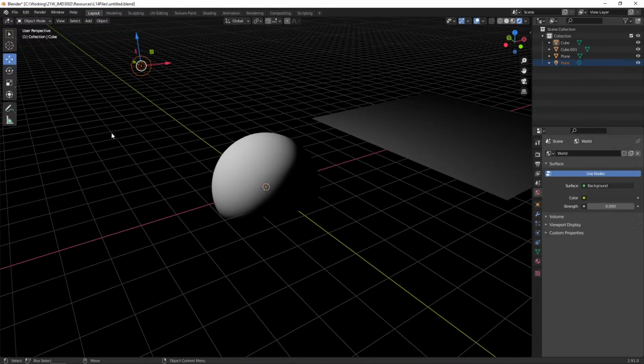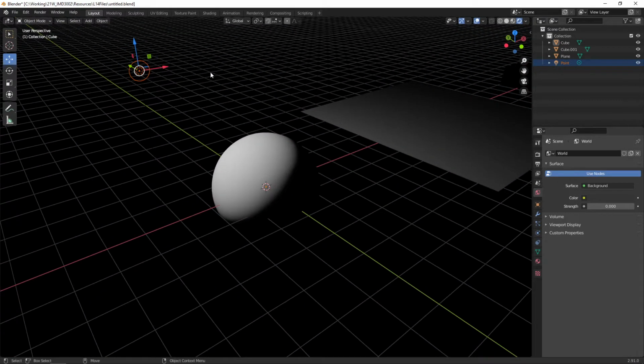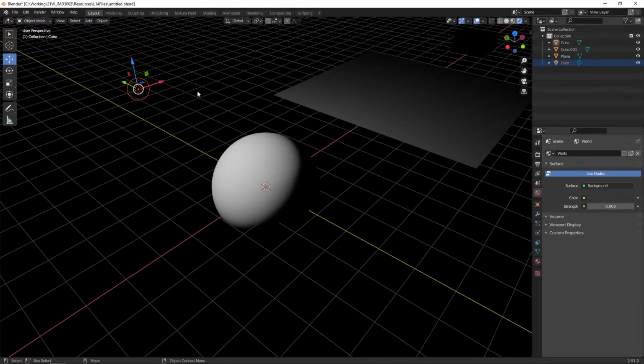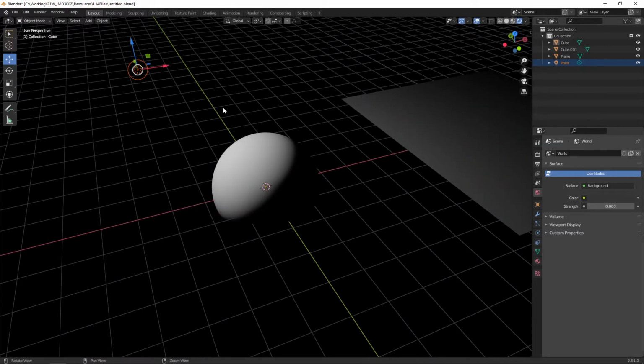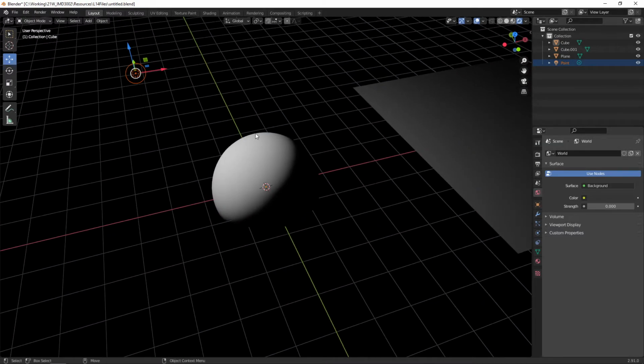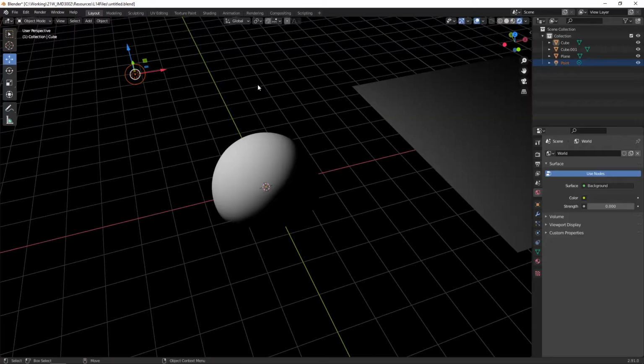So I'm just pointing out here that with diffuse reflections, the lighting is what it is. It doesn't move. It doesn't appear on different parts of the object. It just stays put, no matter what angle we view the object from.